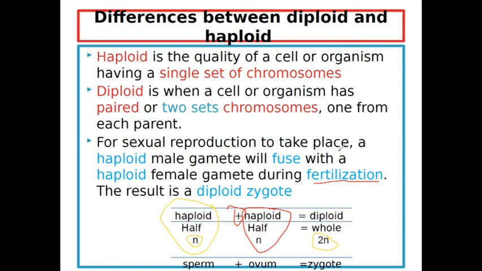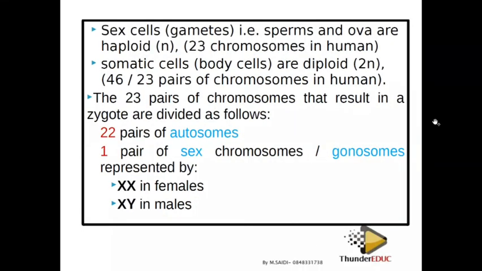And then the result of that is a diploid zygote, because sperm plus ovum is equal to zygote. So a diploid zygote results: a half, that is n, and another half n, make 2n, a whole. All right, then now we move to the next slide.